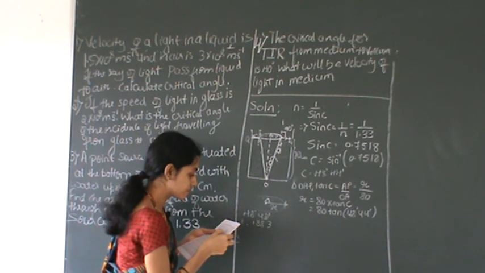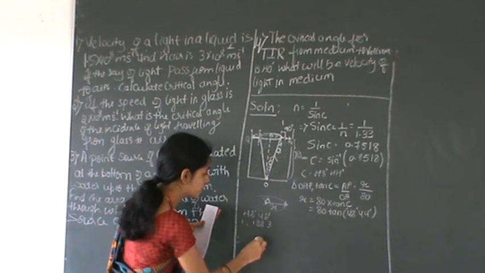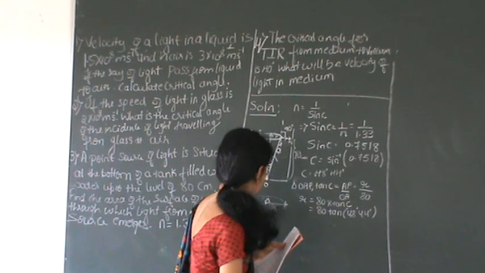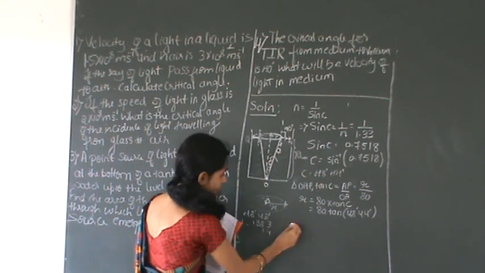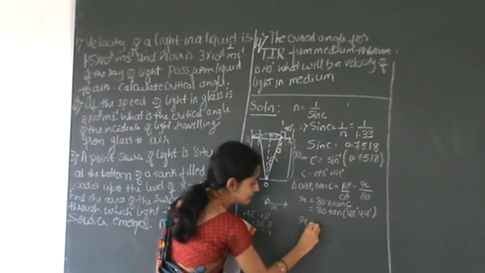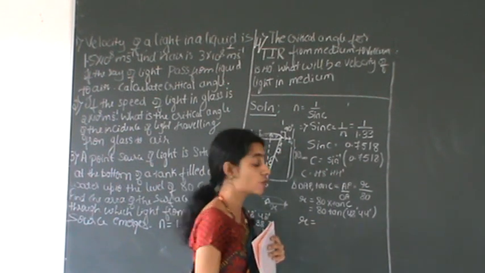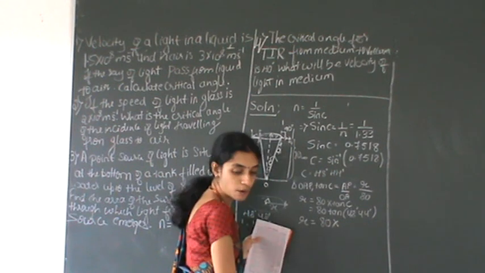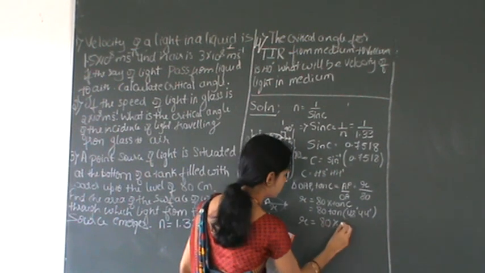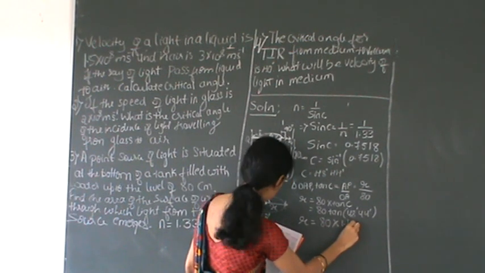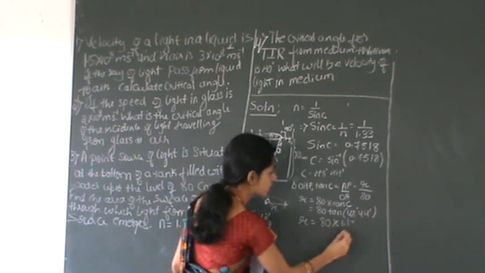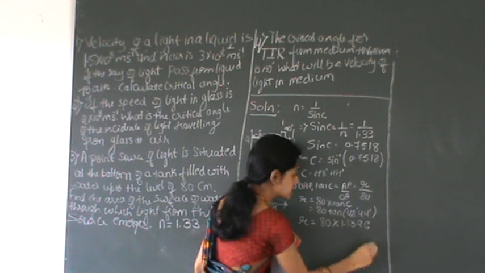Next, for the 4 minutes value, the difference is 14. So r is equal to 80 into how much? 1.13 plus the 2 minutes value 1396.